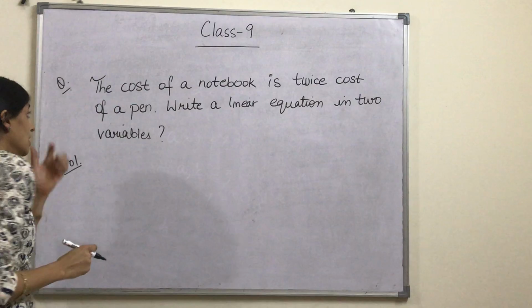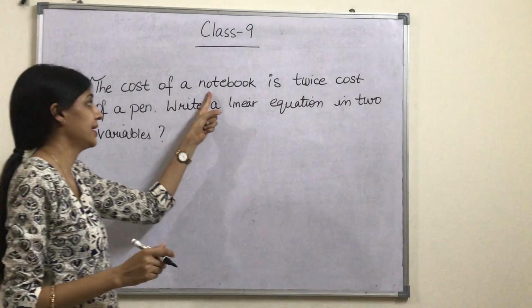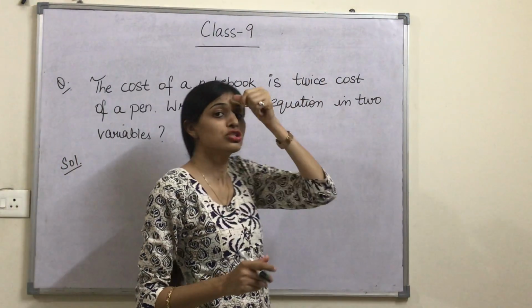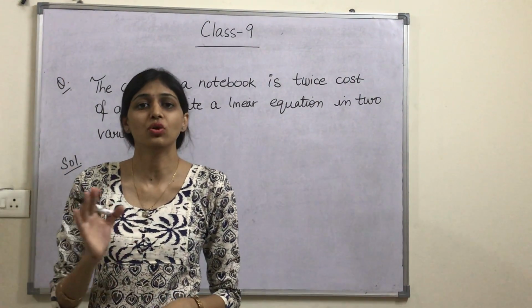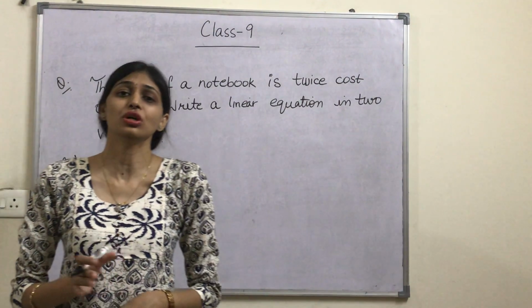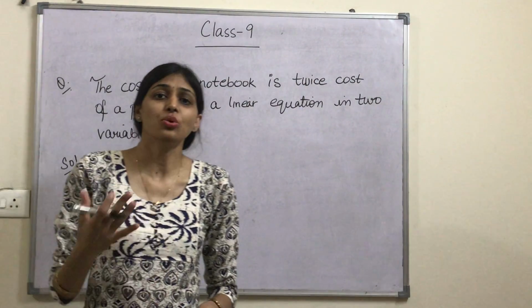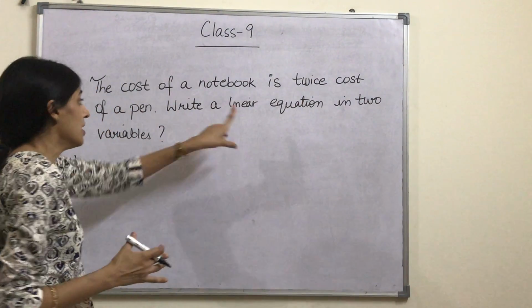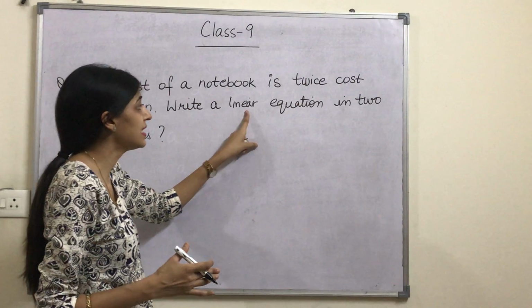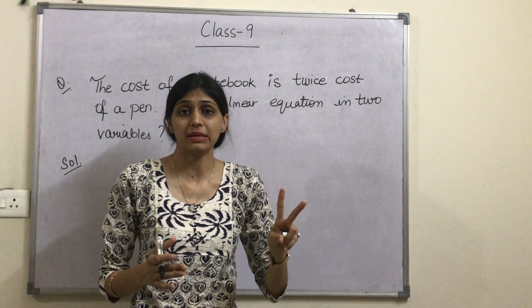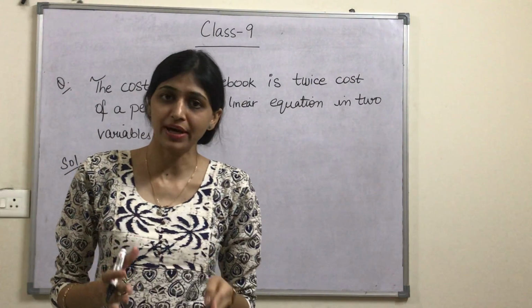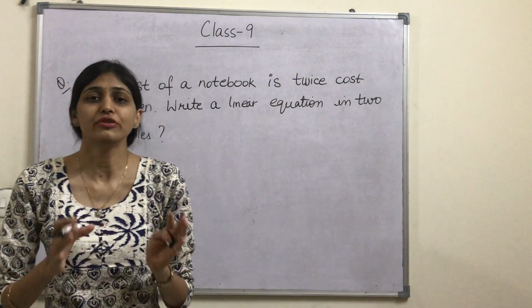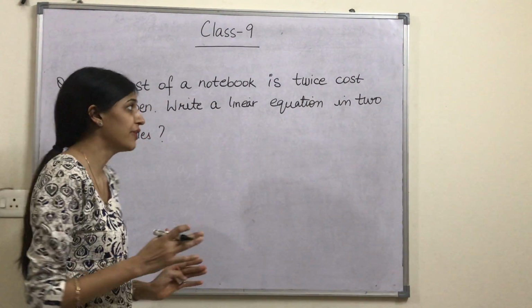Now, the cost of a notebook is twice the cost of a pen. First of all, we don't know the cost of a notebook as well as we don't know the cost of a pen, so we will suppose it. We have to find out a linear equation in two variables. That means the cost of pen should be in a different variable and the cost of notebook should be in a different variable.